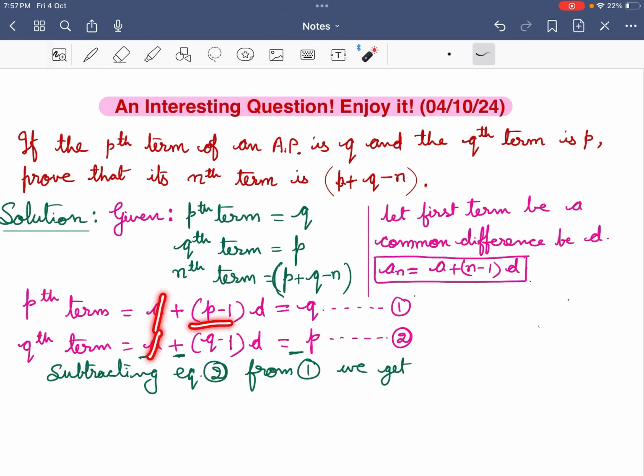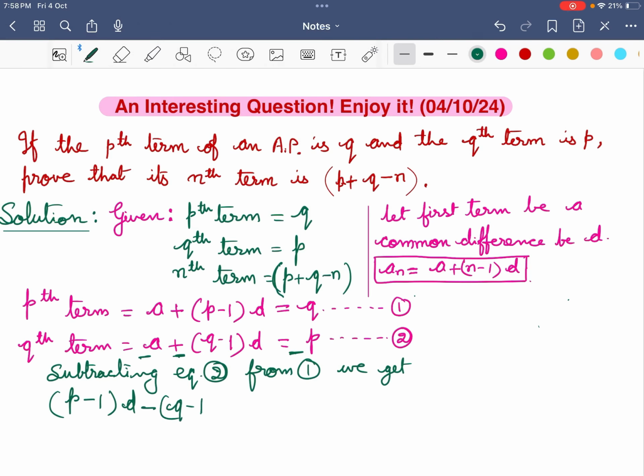Now we are getting p minus 1 into d, and now this minus this, so I am writing minus q minus 1 into d is equal to q minus p, right?